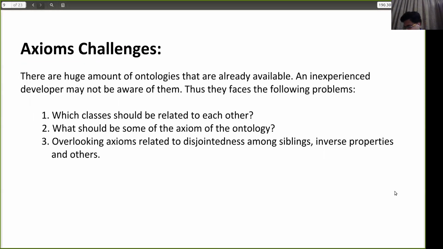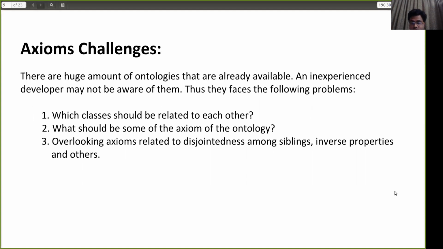Now, axiom challenges. There are a huge number of ontologies that are already available on the web. So, an experienced developer may not be aware of all these ontologies and may have trouble relating the important classes.